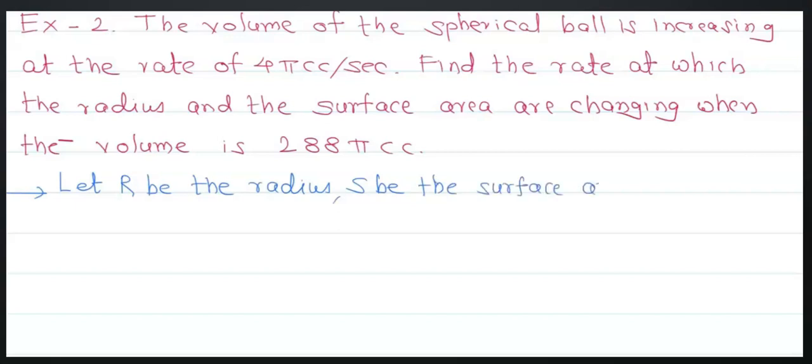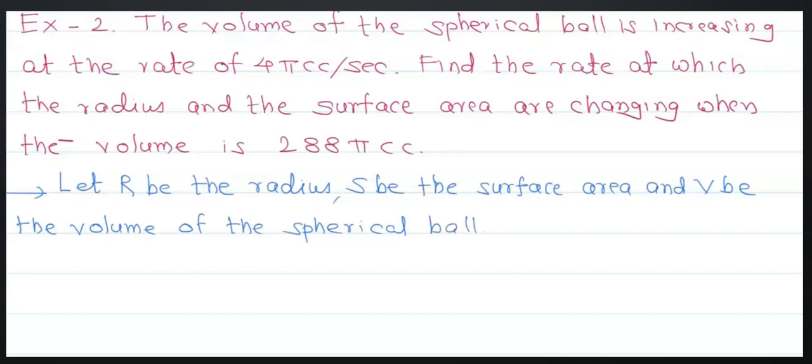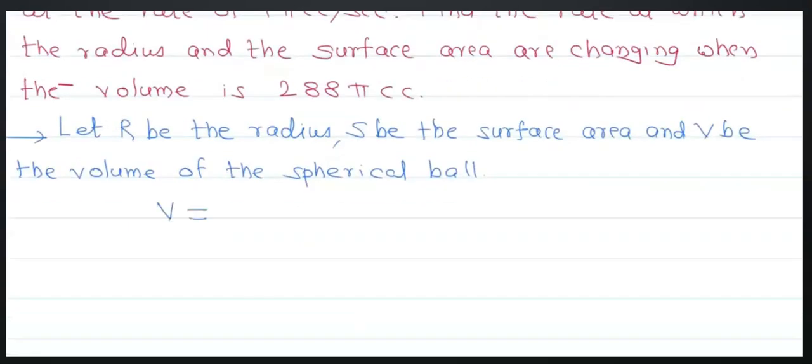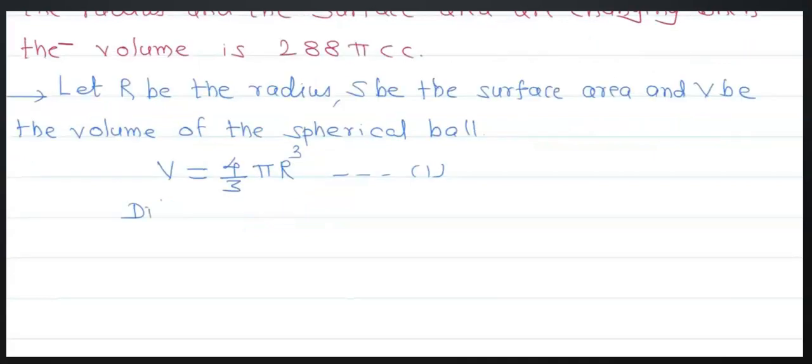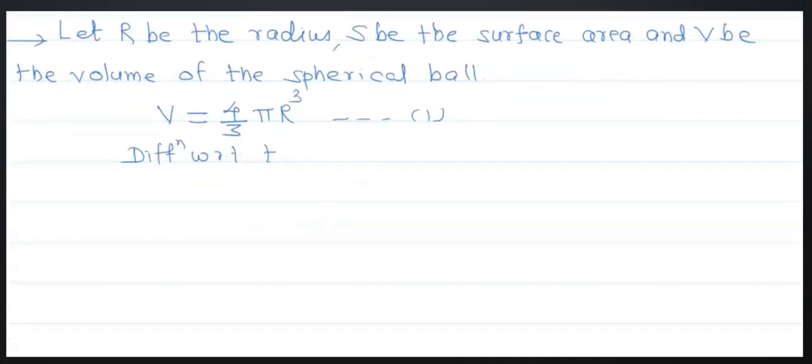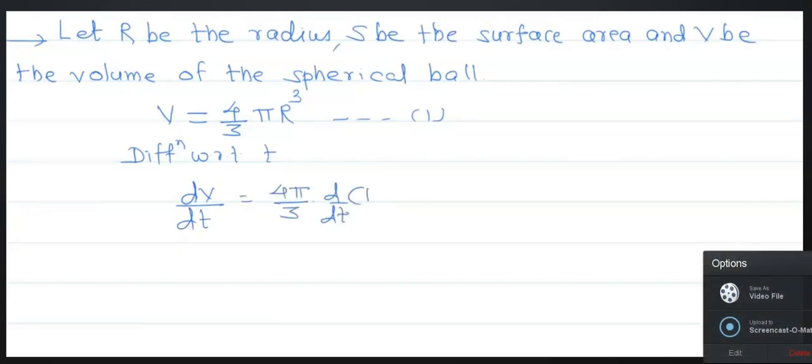Let R be the radius, S be the surface area and V be the volume of the spherical ball. V is equal to 4 upon 3 pi r cube. First, it's the volume of the sphere. Now differentiate this with respect to t. That is 4 pi upon 3 times the derivative of r cube.